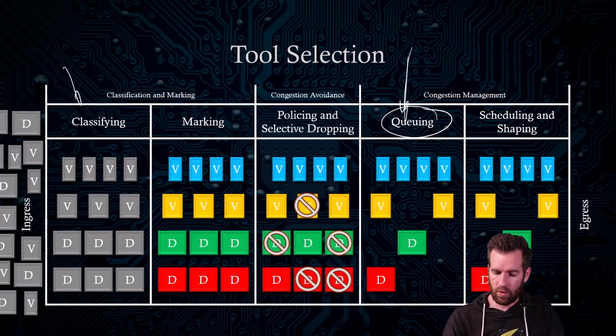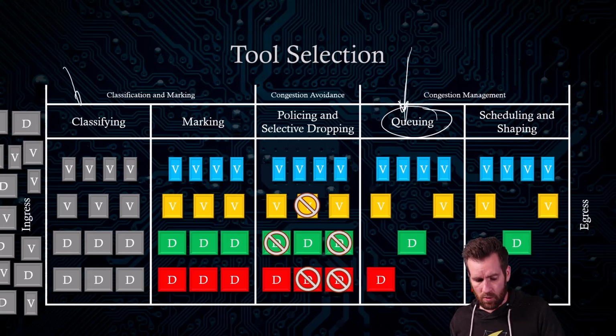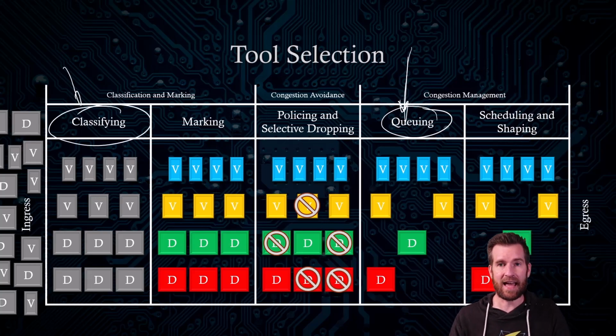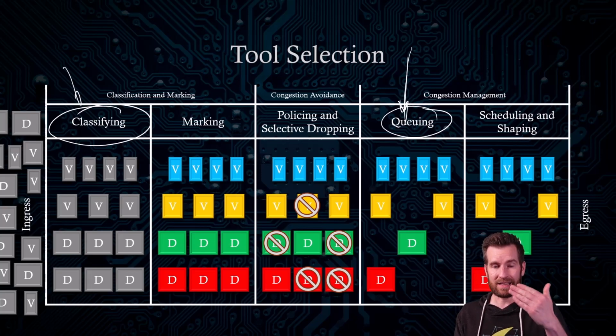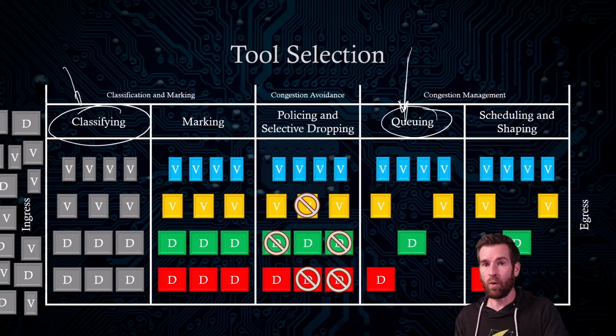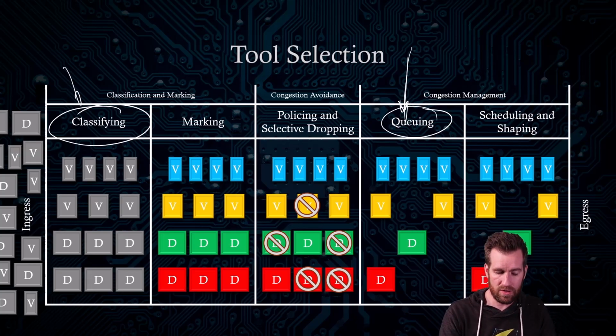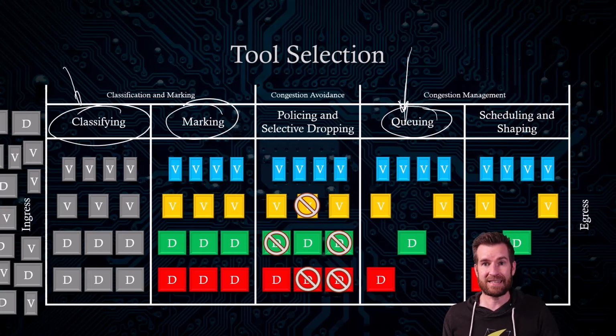If we want to do some more advanced queuing, we have to classify that traffic. So we need some way to classify that traffic based on what the priority is, or how we are going to treat those different queues. We may want to do some sort of marking of the data at the beginning of the network, so as it's traversing the network, it's handled all the same way throughout the whole network.